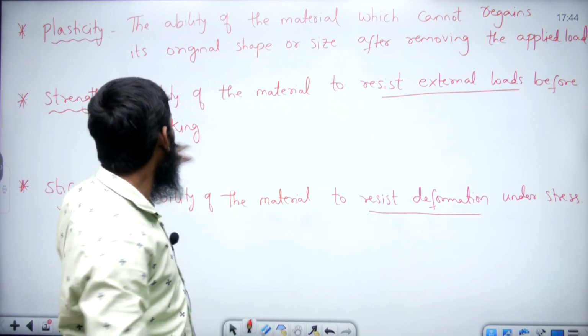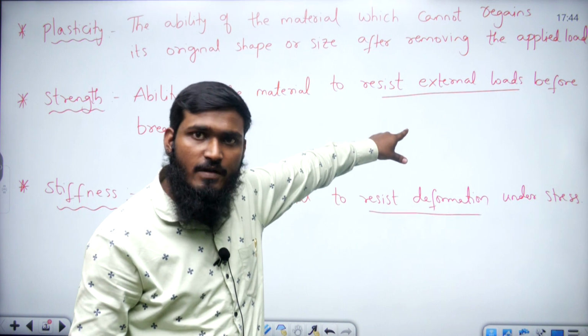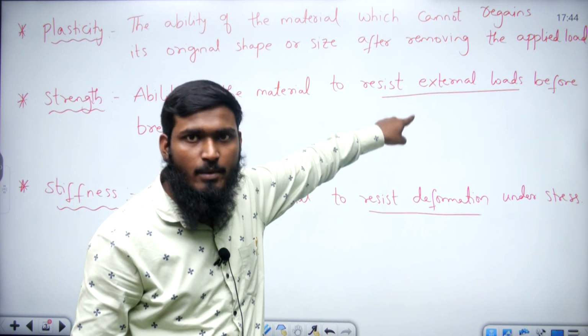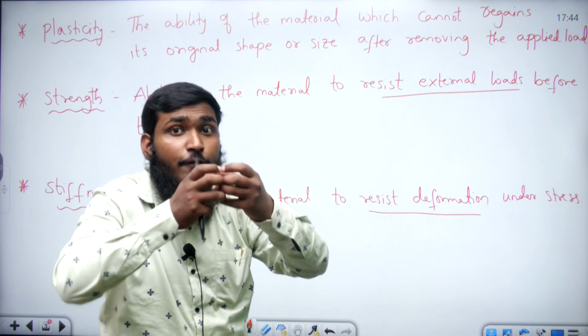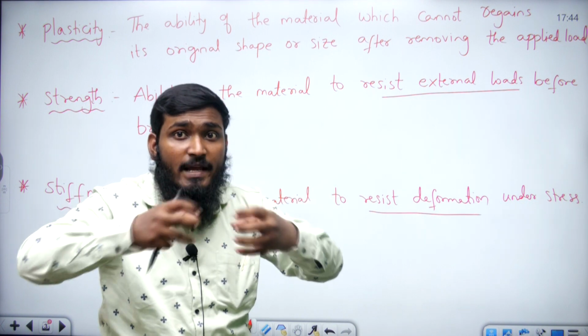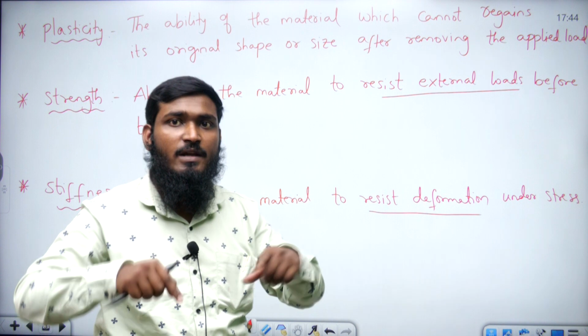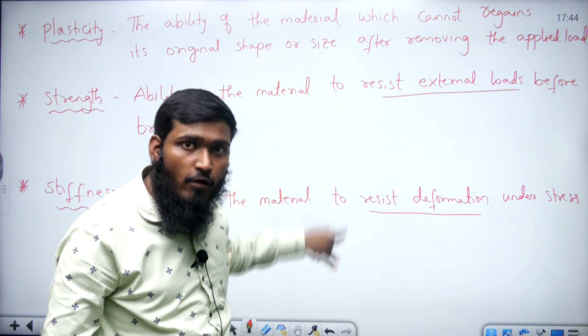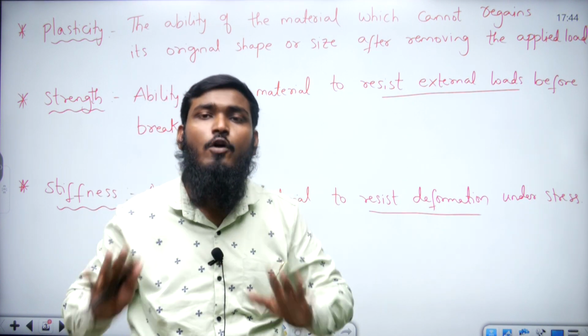But what is the meaning of strength over here? There will be deformation in the body, but after deformation it is resisting from the breaking point, break point, rupture, failure. Over here in stiffness, the ability of the material is to resist the deformation itself.